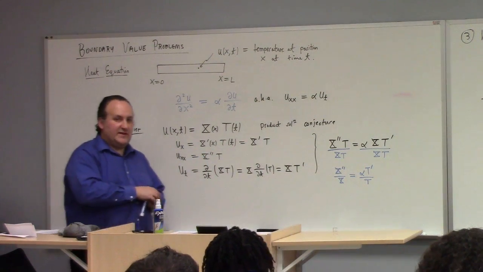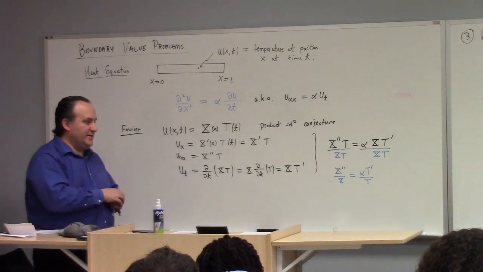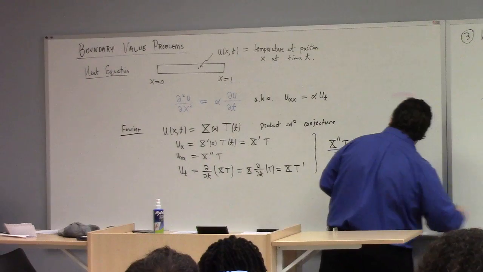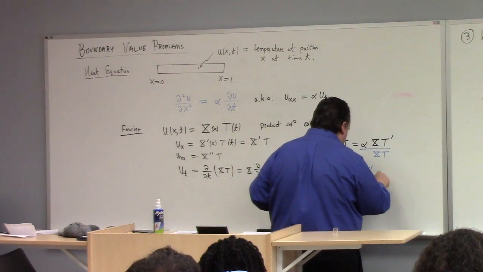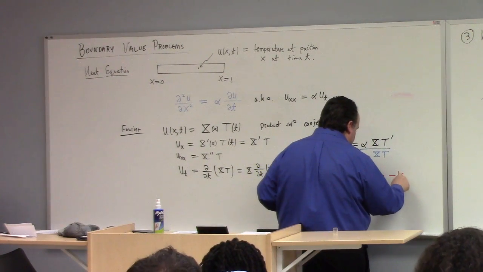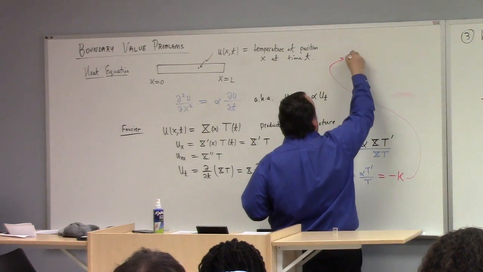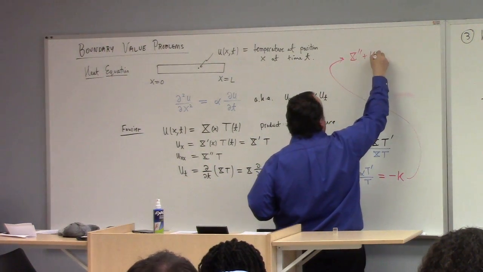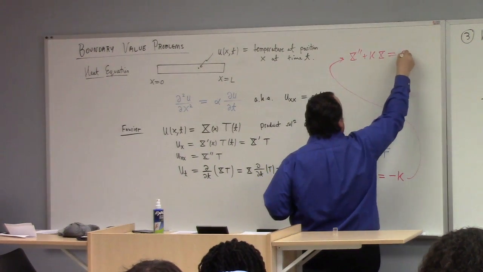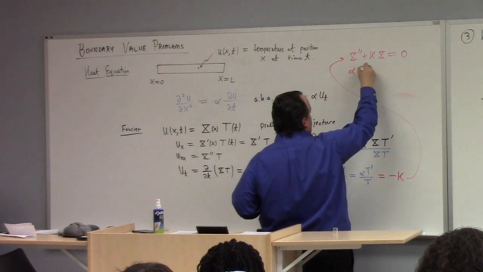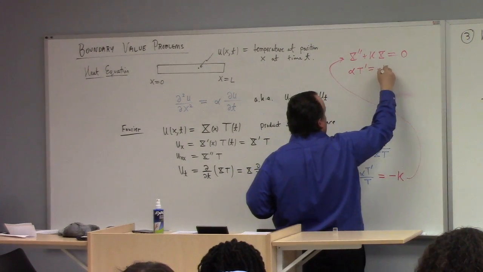And for reasons of connecting with what else we've done today, I'm going to set that equal to not k, but minus k. The reason for that is if I do that, then this becomes X'' plus kX is equal to 0, and alpha T' equals minus kT.